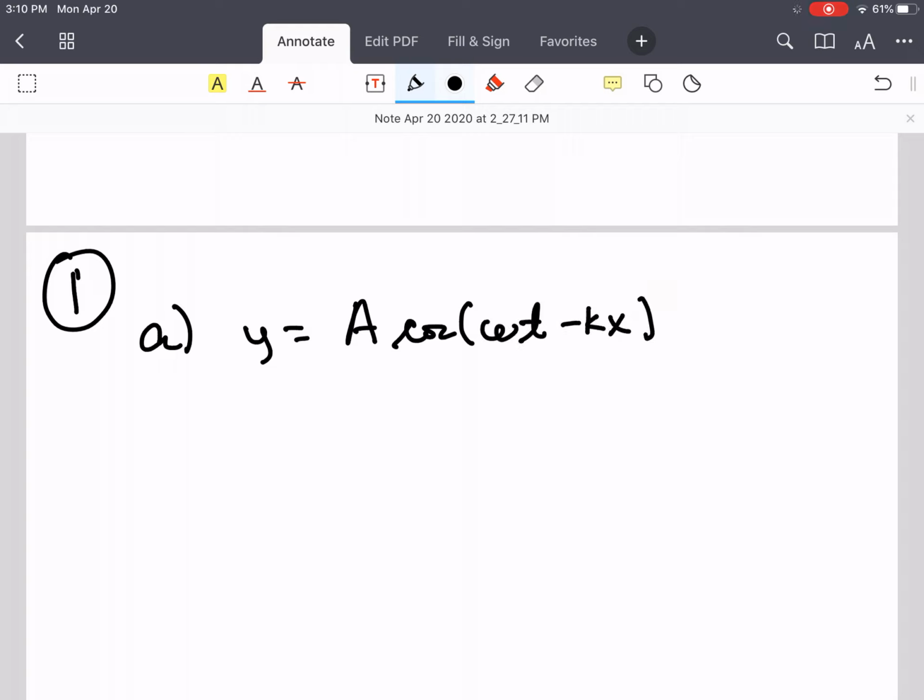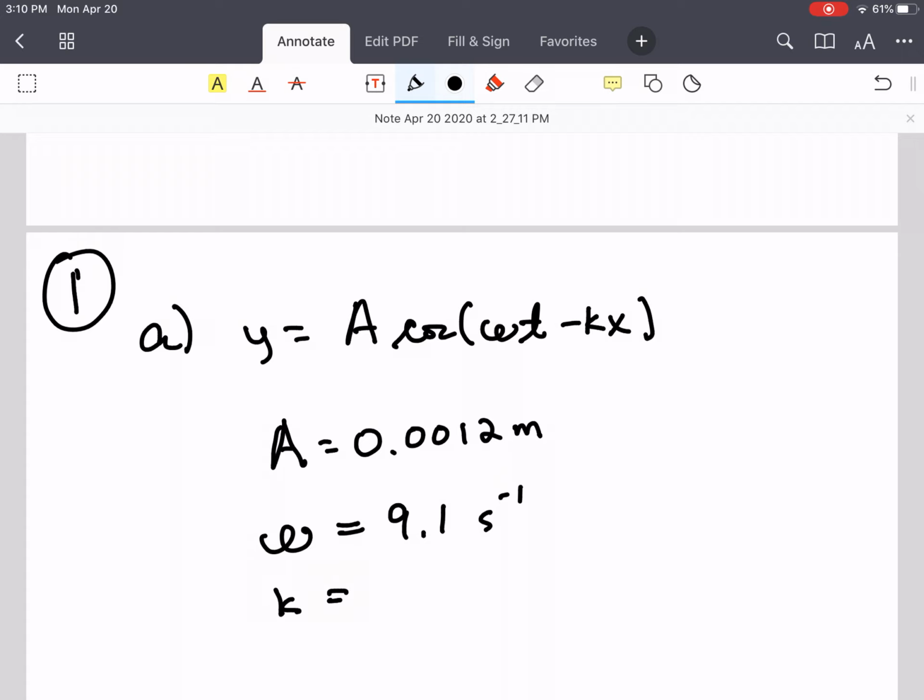We are given that A is 0.12 centimeters, or since we like our SI units, amplitude is 0.0012 meters. Omega is 9.1 radians per second, or just inverse seconds, and k is 11 inverse meters.